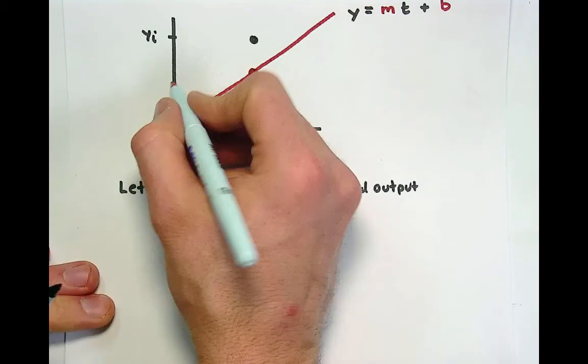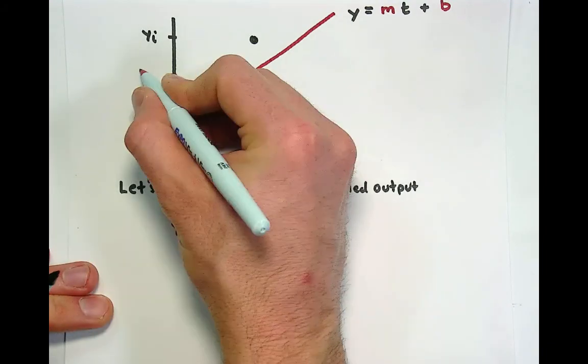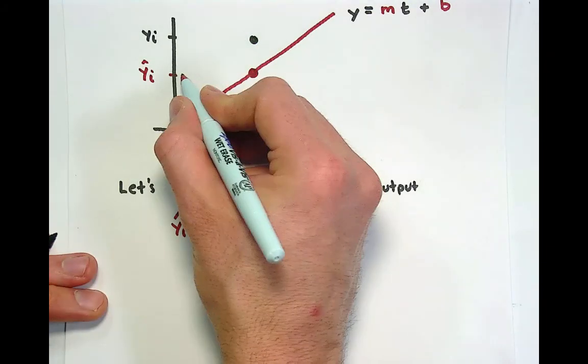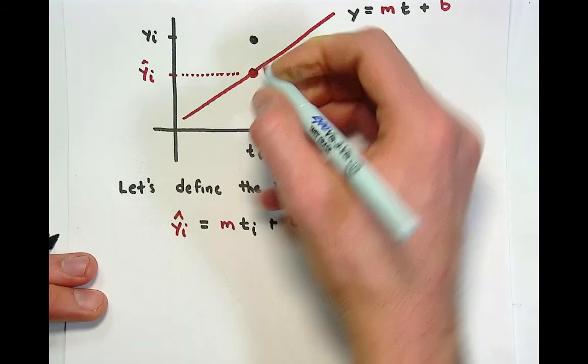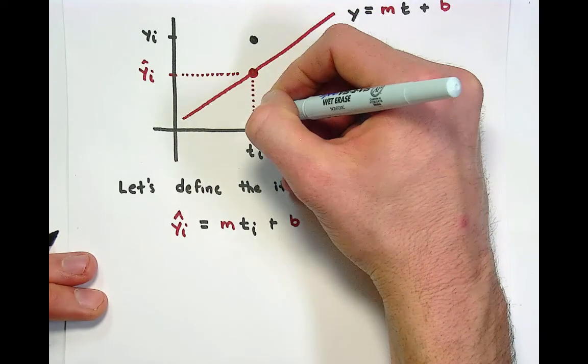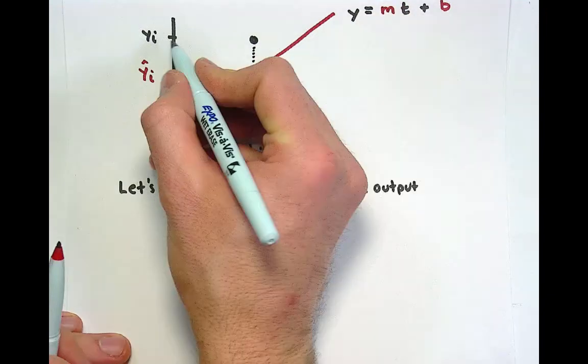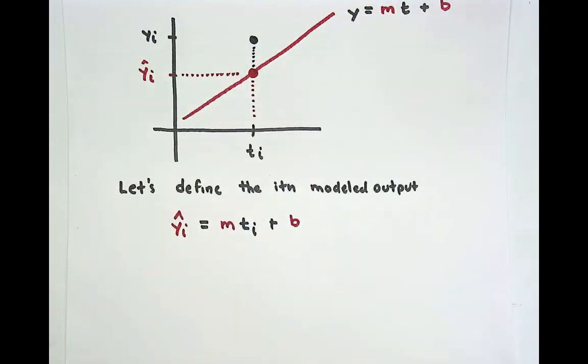So the output value of the linear model at the input point would be y sub i hat, whereas the actual collected observed data is going to be y sub i.